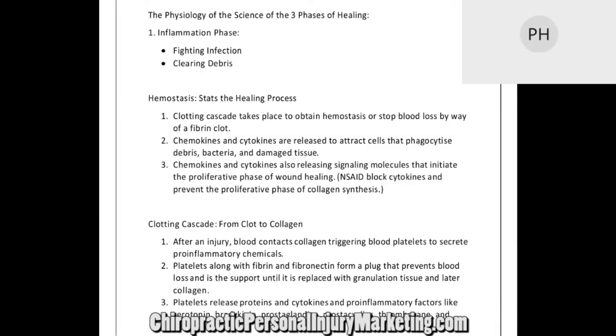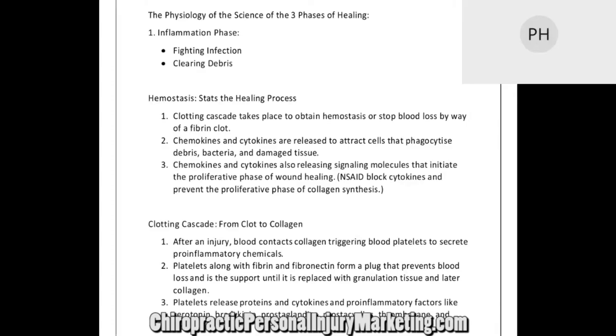One of the reasons we want to know if the patient is taking ibuprofen, and the reason you don't want the patient taking ibuprofen during the healing phase, is especially the repair phase when collagen is being synthesized. NSAIDs block cytokines from synthesizing collagen during the repair phase, which, if it heals that way, permanently heals weak. Okay, this is why right here.